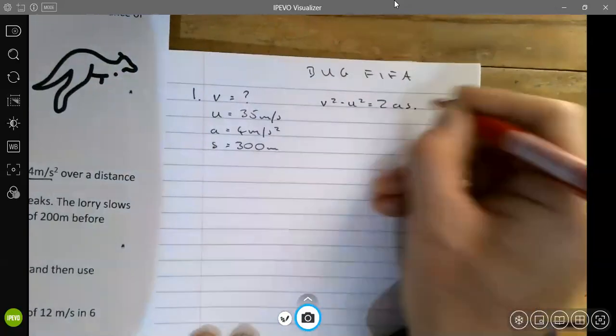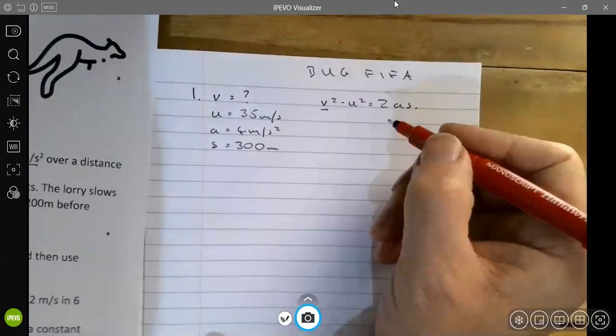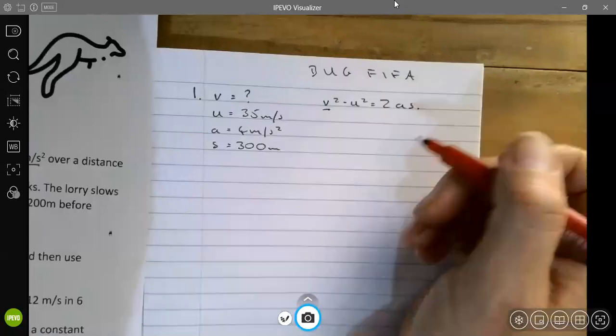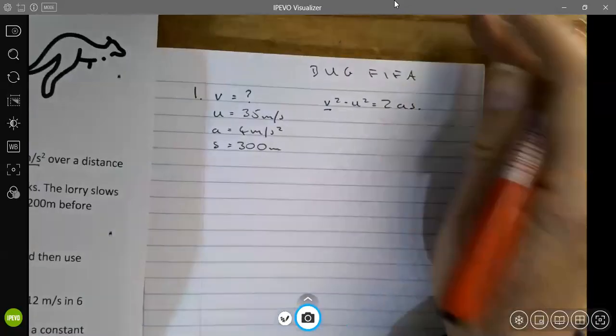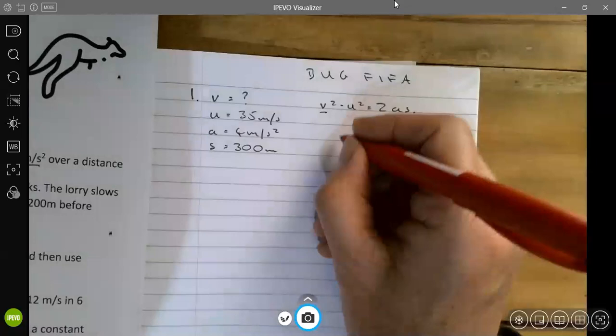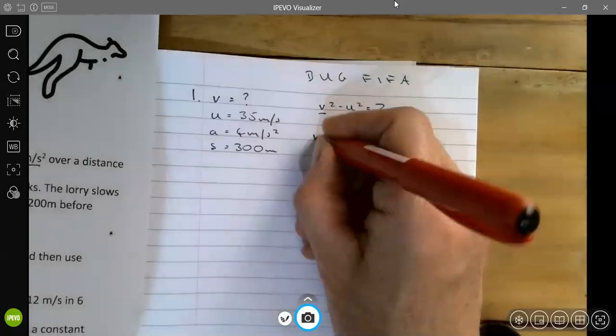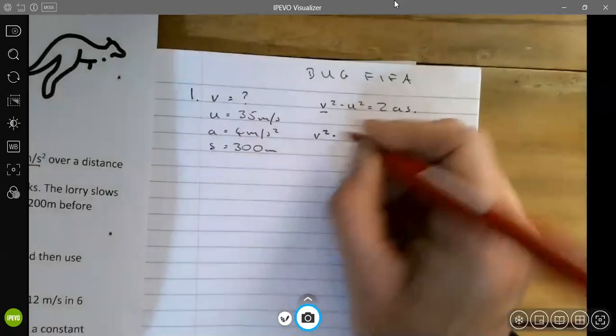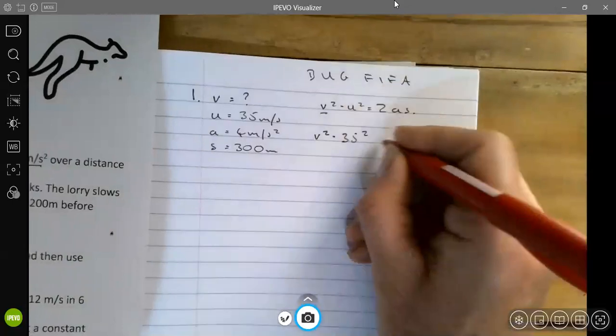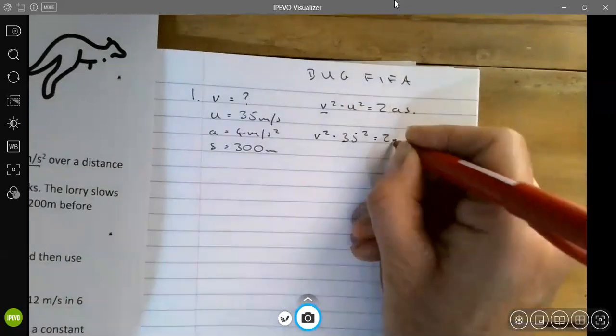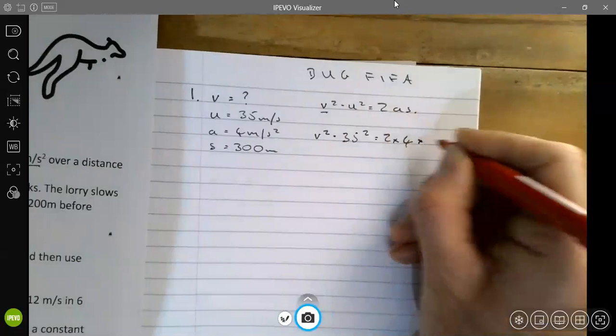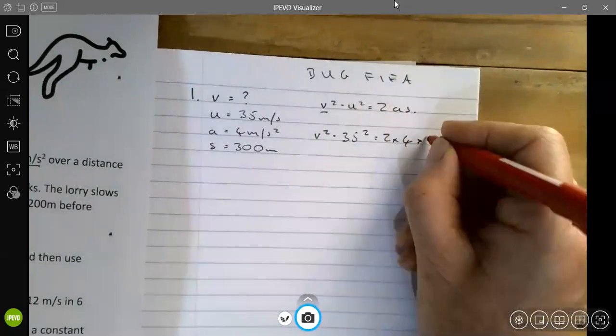Now, I'm trying to find v. So what I need to do is insert my numbers. So v squared minus u squared, so that's 35 squared, is equal to 2 times 4 times 300.